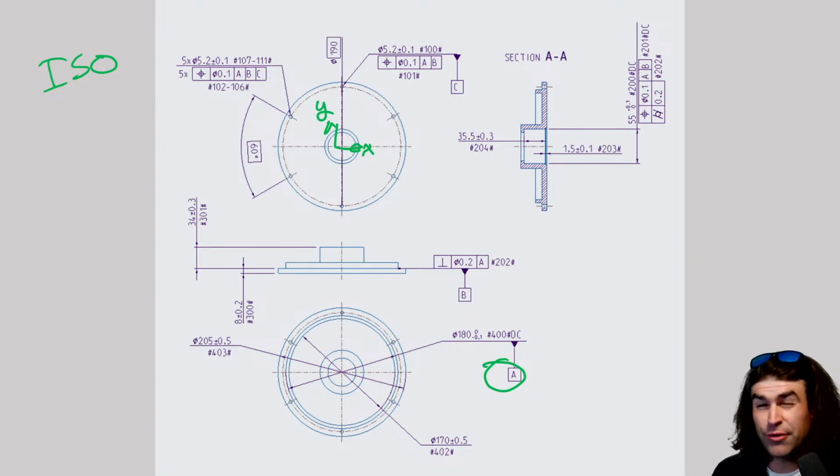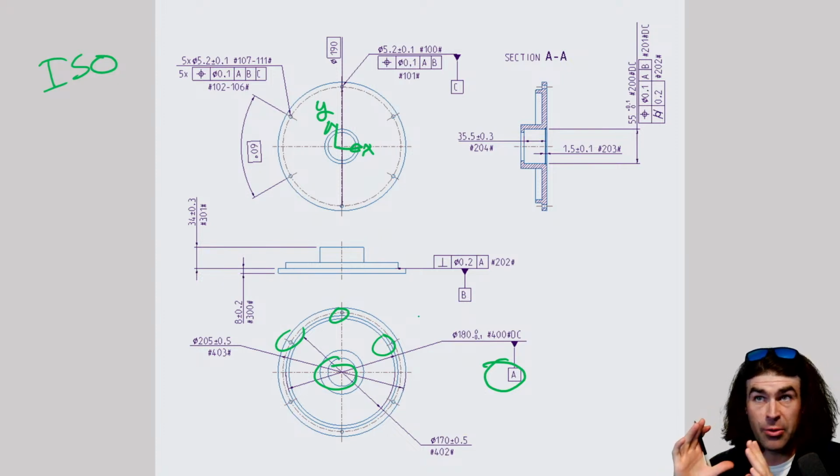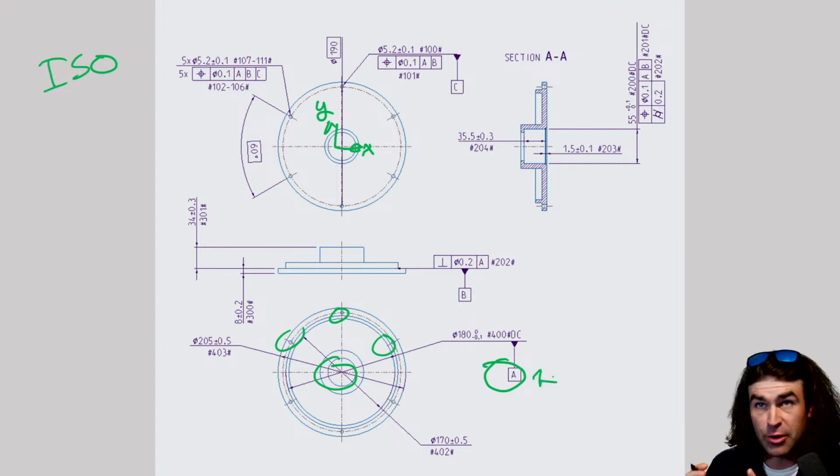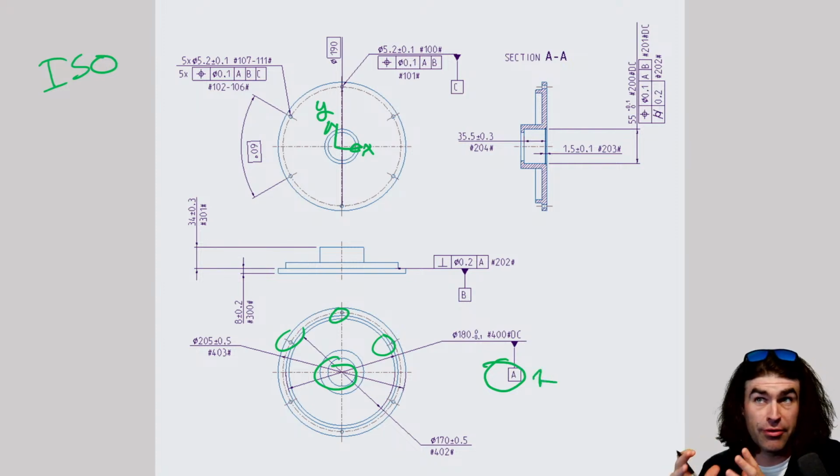I think when you fit this part together, that diameter is going to locate this hole, and it's going to kind of locate these holes, right? So it gets everything located. When you bolt it together, maybe it flexes a little bit, but personally, I like that location. It's doing two things. This datum A is going to locate. It's also going to help with your fit, right?